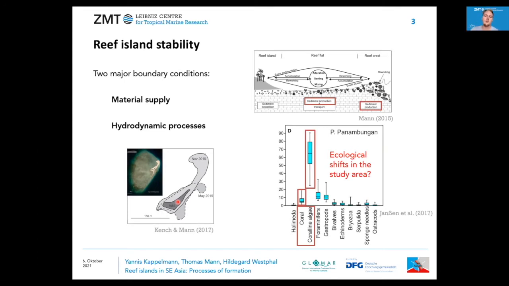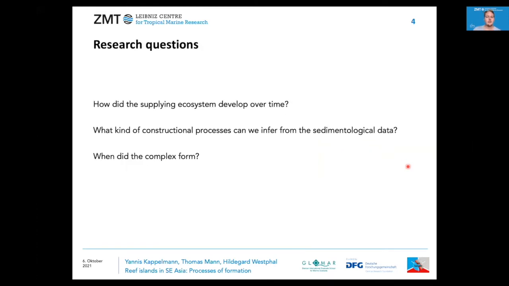What they found was that the subsurface sediments were mainly composed of coral fragments, which is in strong contrast to the surface. The most recent sediments appear to be mainly composed of coralline algae and at the same time lack coral fragments, which may be an indicator of an ecological shift. So that's where our study basically comes in.